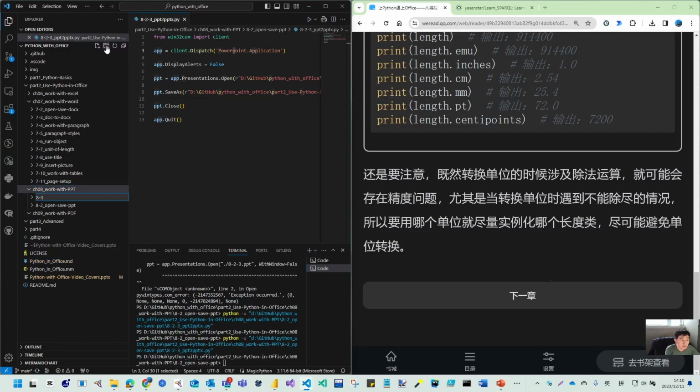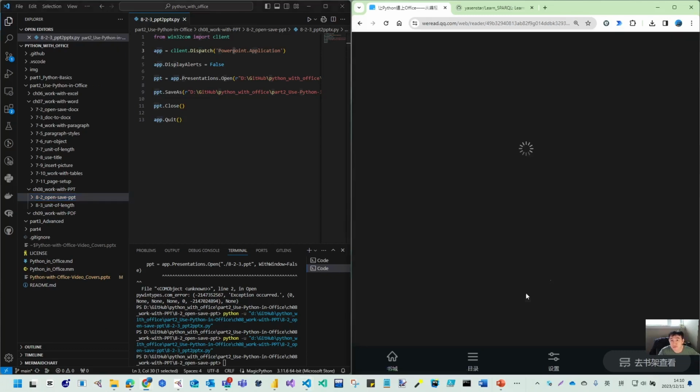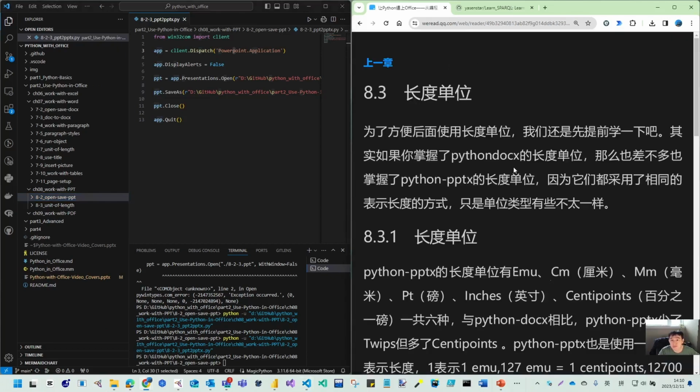So let's put this here, the unit of length. That's 8.3. So sorry, it's coming from here.